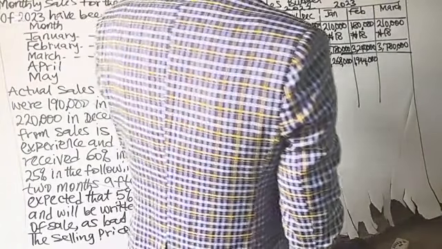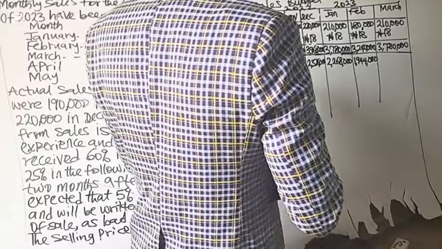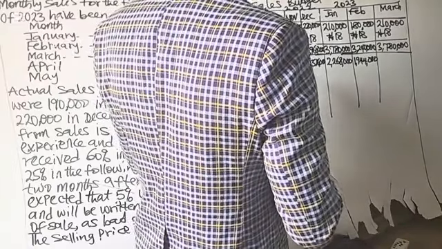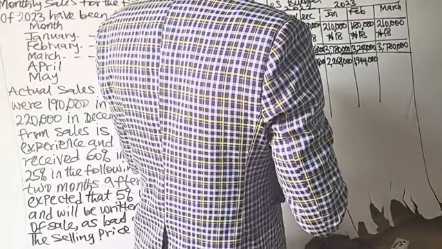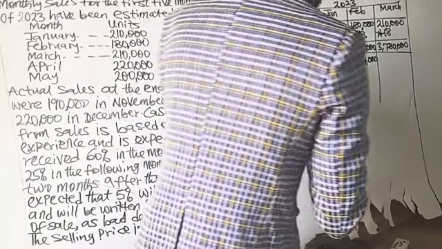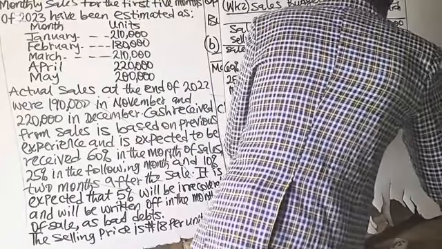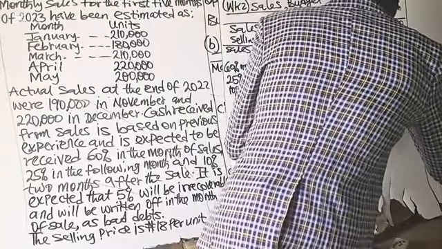And the sales made in the month of March, which is 3,780,000, 60% of that is 2,268,000.